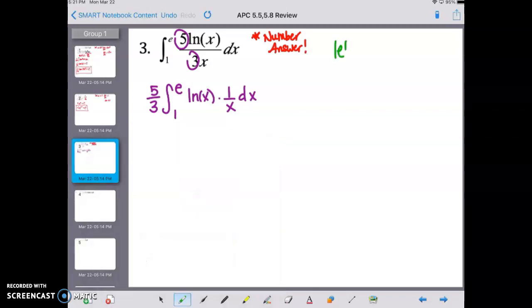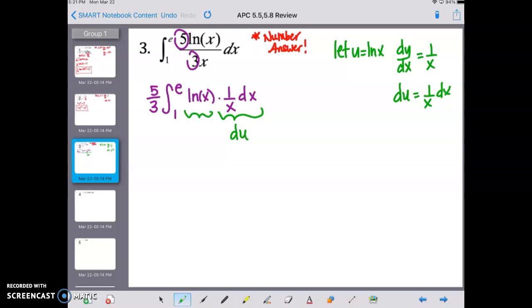So I am going to let u be natural log x. Then du dx is equal to 1 over x, and du is going to be equal to 1 over x times dx. So my substitution right here, my 1 over x dx, is going to be my du. And my natural log x is what I let u equal, so this is just my u.